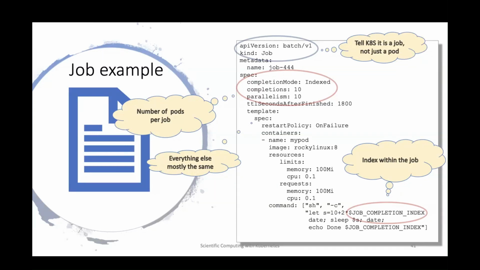In this case, we're actually asking for 10 pods to be submitted with a single job. And we also ask it to be indexed, so we get an index environment variable you can use in your job. For example, if you do a Monte Carlo and you want 10 executions, you can use that as your seed number.